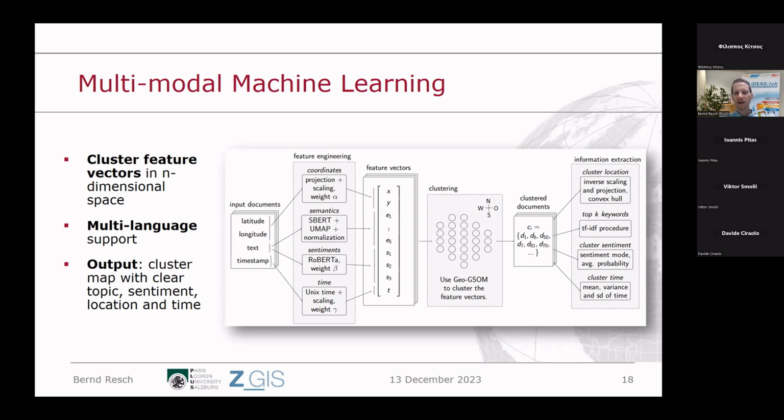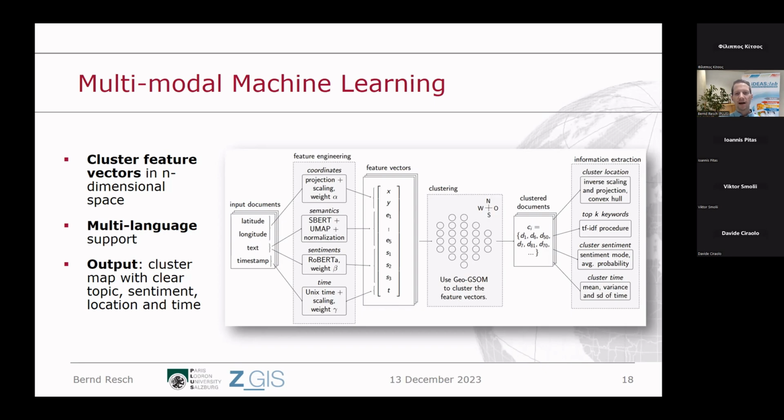In this case, a GeoSOM, which is a growing SOM, and a GeoSOM puts more emphasis on the geospatial dimension. What's the fun part of a self-organizing map? The output, which is a hexagonal grid, preserves topological relations. So if you think of it as a network, nodes do not cross edges during the analysis process.